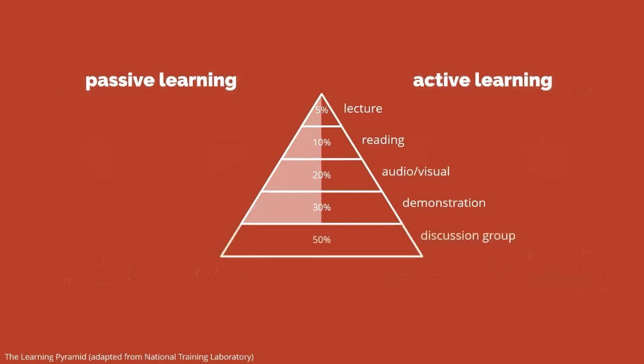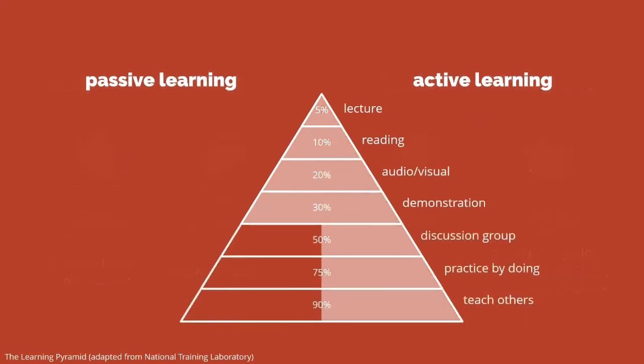However, the retention rate goes up to 90% from what they learn through teaching others. The most common form of teaching others is peer tutoring. This shows active learning methods have a higher knowledge retention rate than passive learning methods.